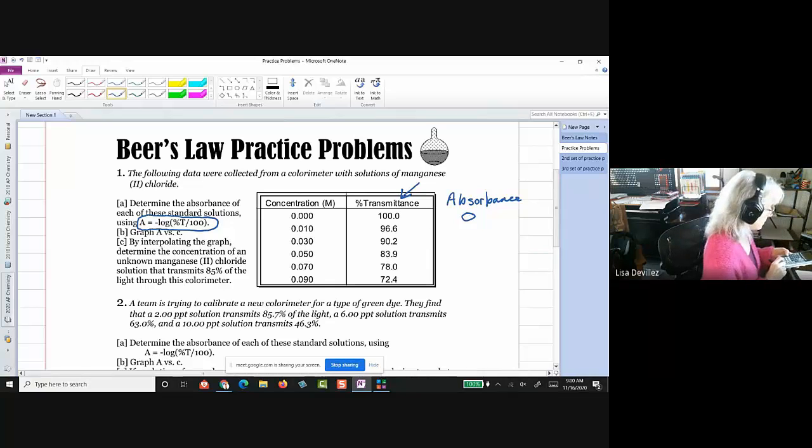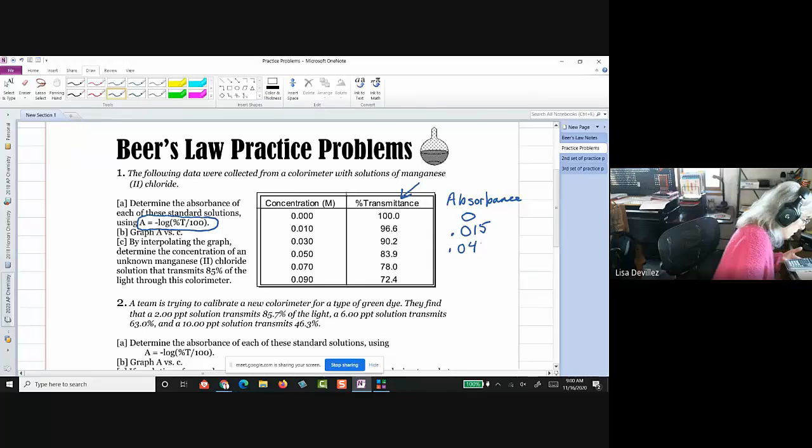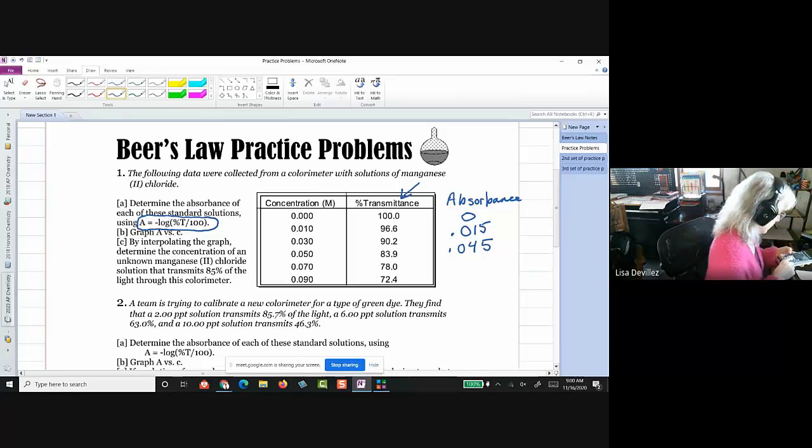Then if I do the negative log of 0.966, I'm getting 0.015, and the negative log of 0.902, I'm getting 0.045, and the negative log of 0.839, I'm getting 0.076, the negative log of 0.78, getting 0.107, or 108 rather. And then the negative log of 0.724.